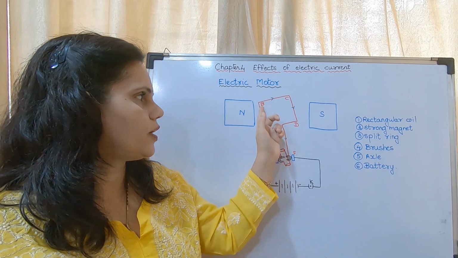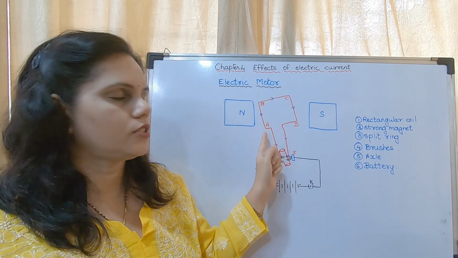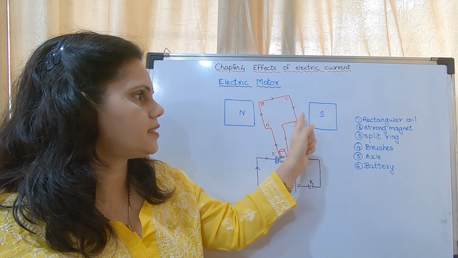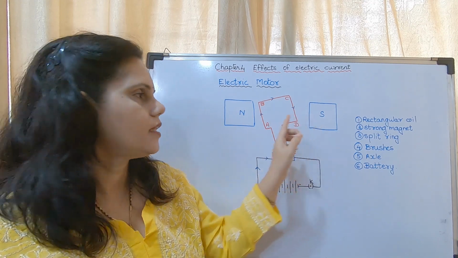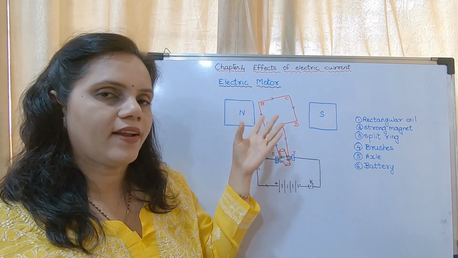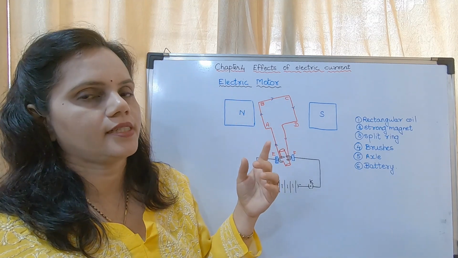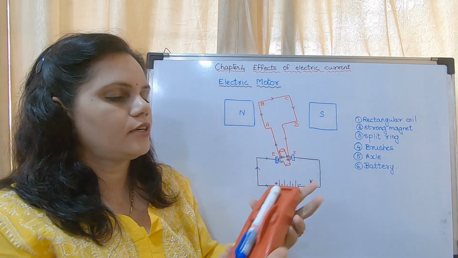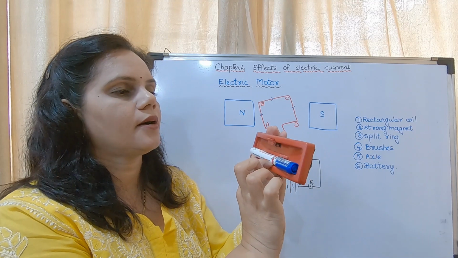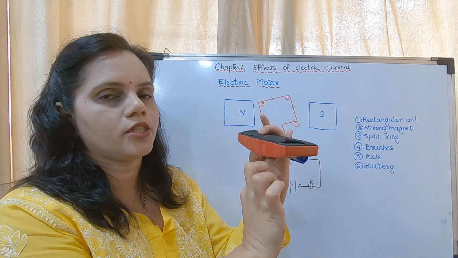As the current is flowing through this in this direction, and this is the direction of magnetic field, the coil will get deflected in the anti-clockwise direction, that means downwards. When it moves downward, the CD will come up and it will come in the opposite direction.